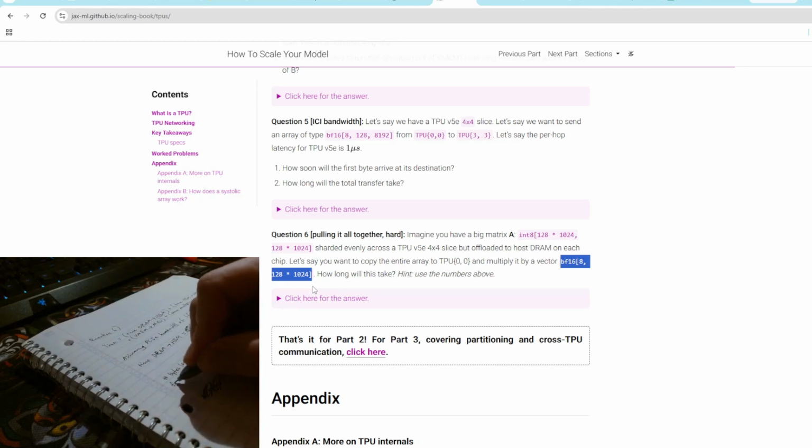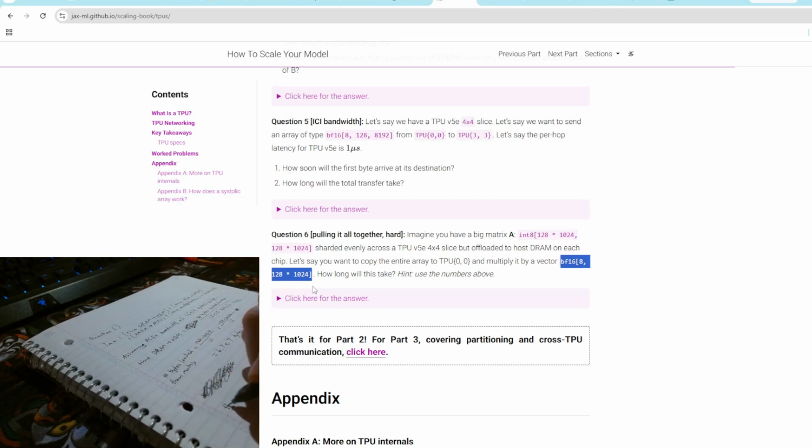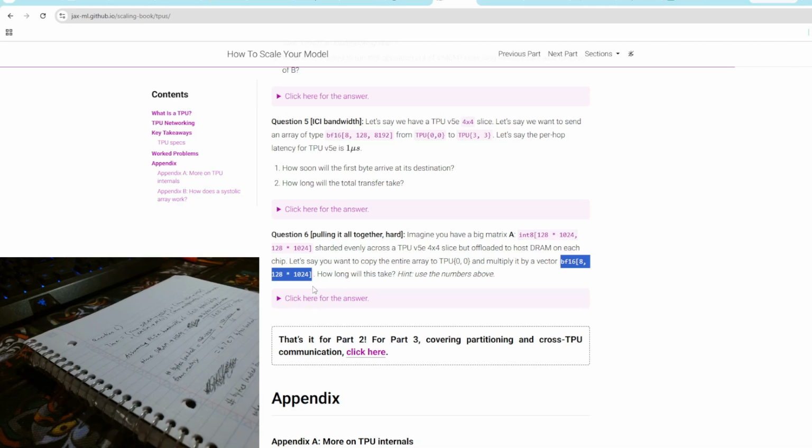Bytes loaded from matrix. Number of bytes loaded from vector equals one times 128 times 1024 divided by 16, where the first factor is 1 because we cannot shard batch size to less than 1.